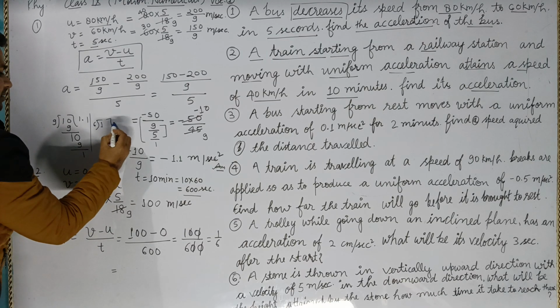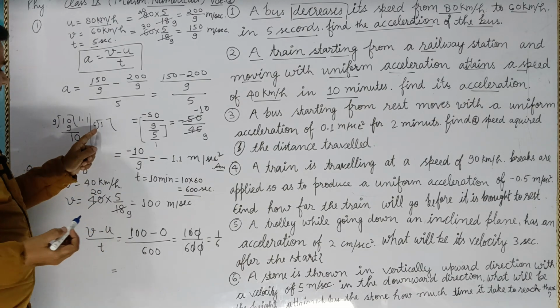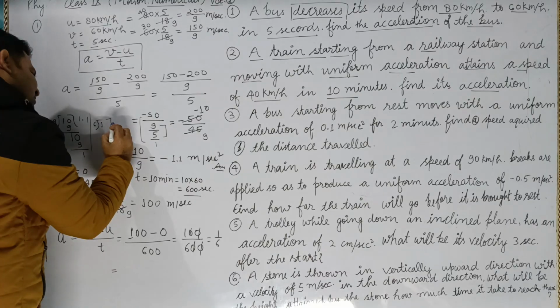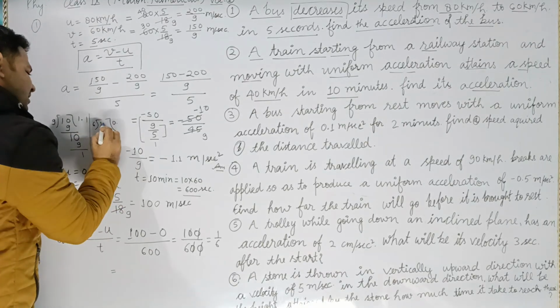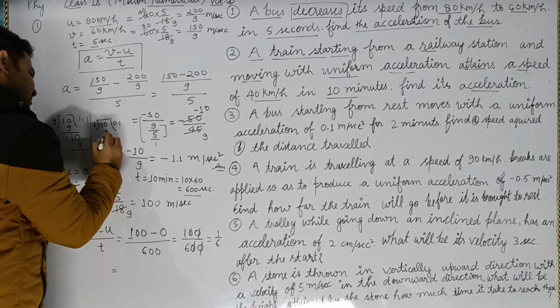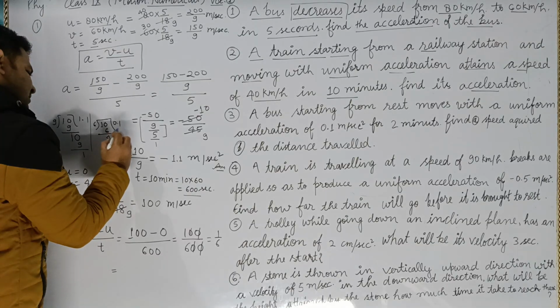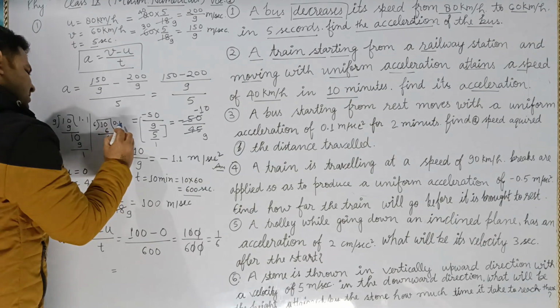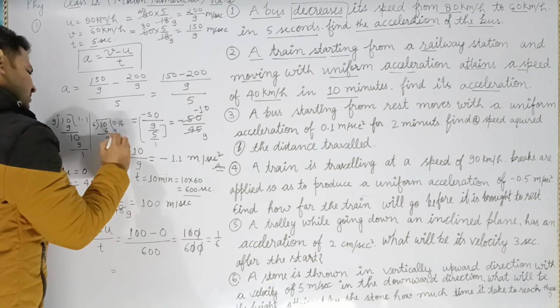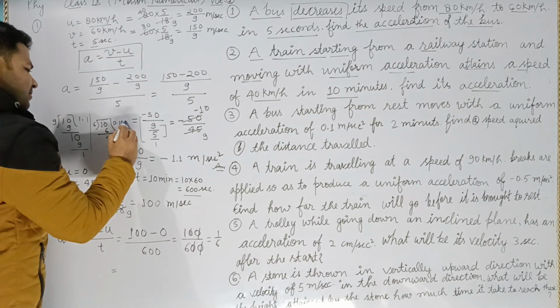We have to take a point because 1 is not divisible by 6. So we put a point and take a 0. 6 1s are 6. 6 6s are 36. It will be repeated next also.